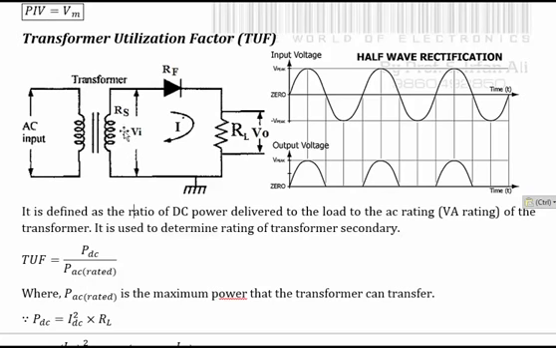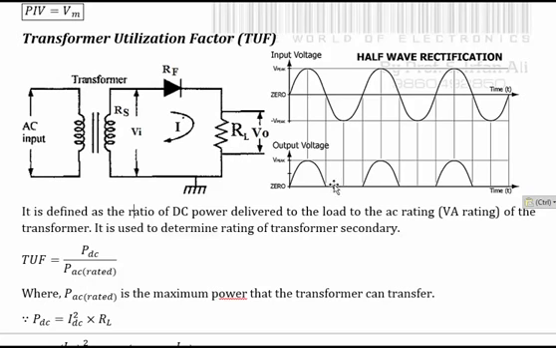So the IRMS, the RMS value of current at the secondary, will be the same as the RMS value of current at the output side. The RMS value for a half wave rectified signal is actually Im by 2.